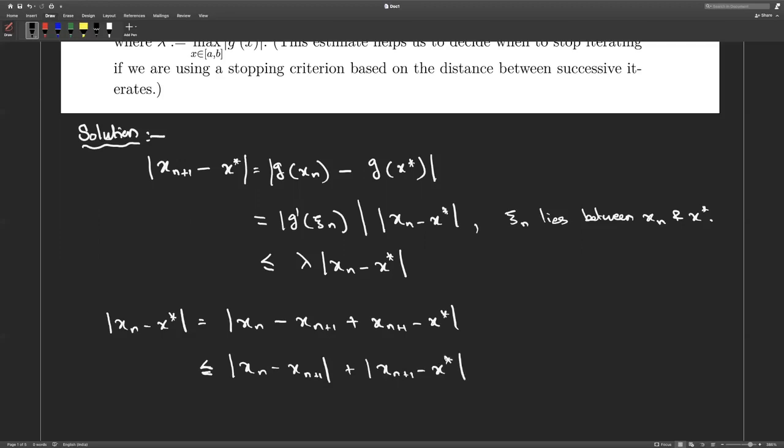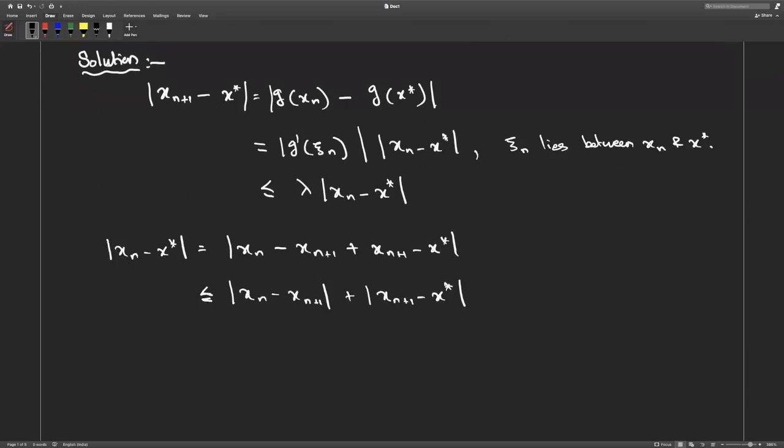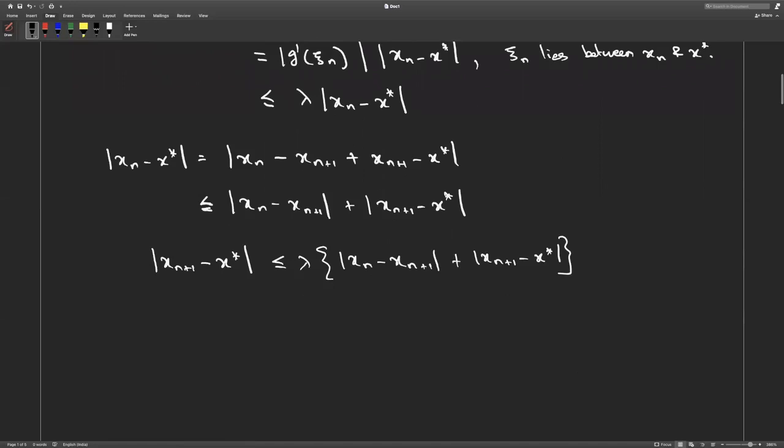Triangle inequality. Substitute this into the above inequality. You will get mod xn plus 1 minus x star is less than or equal to lambda times mod xn minus xn plus 1 plus mod xn plus 1 minus x star. We are more or less done with what we want to show.